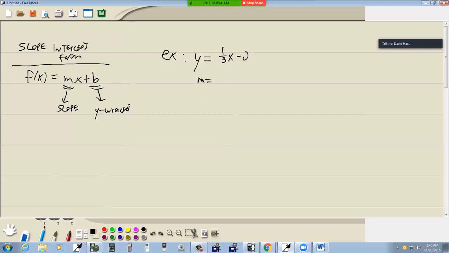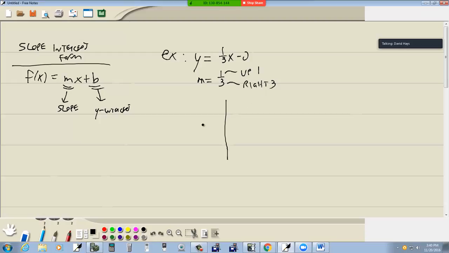Our slope will be whatever number's in front of our x, which is 1/3. Now, the slope, this is a change in y, so that's up and down. It's positive 1, so that means we'll go up 1. This is the change in right and left, and it's positive 3, so that means we'll go right 3.